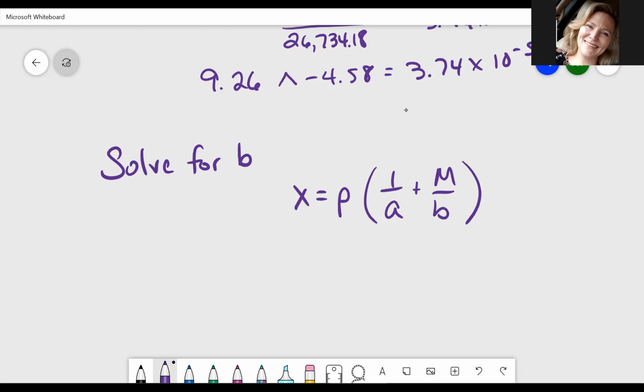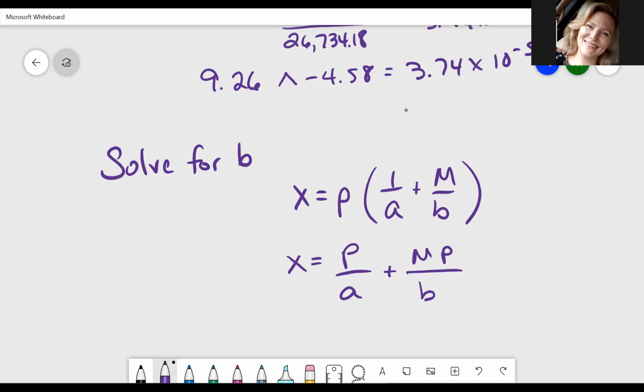moving stuff around. So let's first begin by distributing that P through so that I get X equals P over A plus MP over B. So I've got that to begin with, right? And so now we're going to eliminate our denominators.